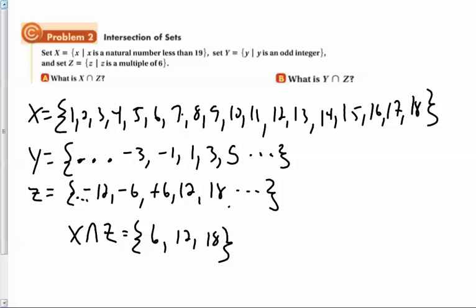What about the intersection of y and z? Y is odd integers, and z is multiples of 6, which means you can multiply them or divide them by 6.